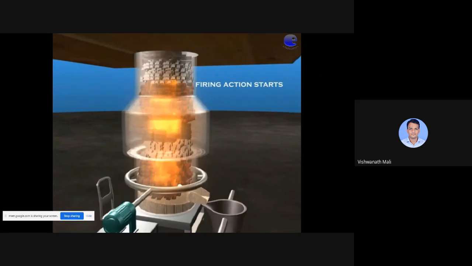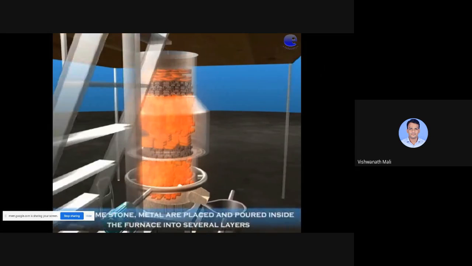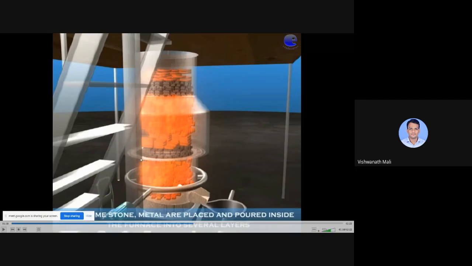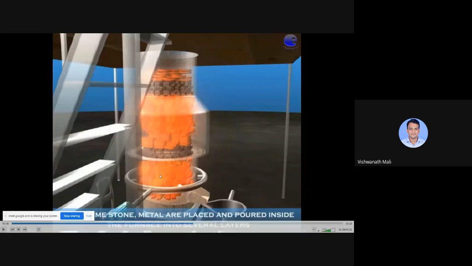Okay, so as the firing action starts, it will move. Okay. Now, what is the drawback in this? Okay. So here our fuel and the material are coming in direct contact, as you can see here.